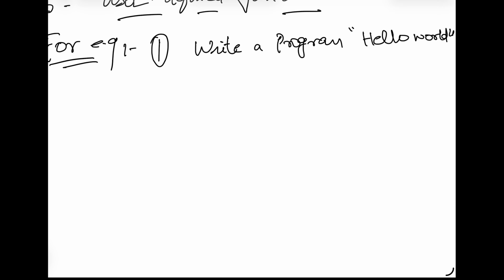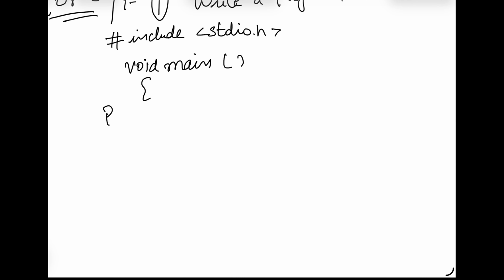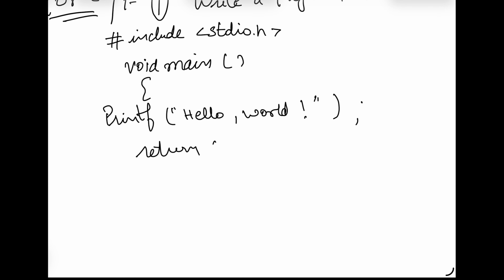First of all, I will write #include <stdio.h>, then void main, curly braces, printf, open bracket, double quotes, hello world, semicolon, return 0.